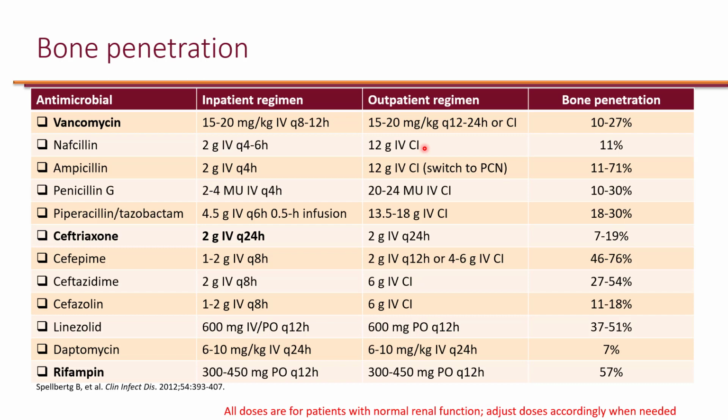It is also important to note that ampicillin as well as carbapenems, basically meropenem, imipenem, doripenem, these drugs are not suitable for outpatient continuous infusion because of their short stability.